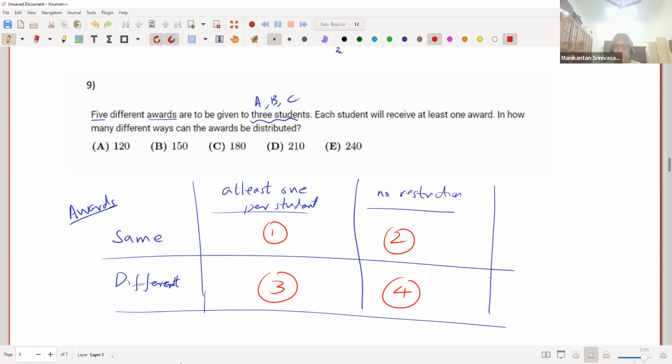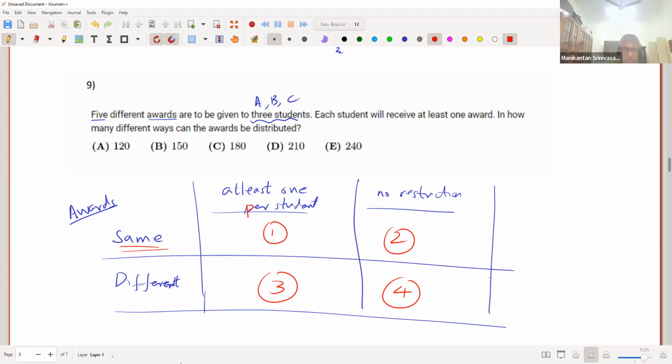Case 1. The awards are all same, and at least 1 goes to each student. No one can go empty-handed. How many possibilities are there? Can you work out and tell me? Everything else is the same.